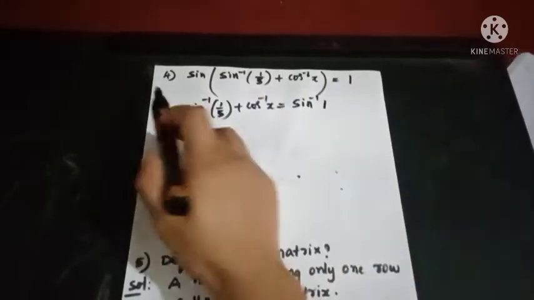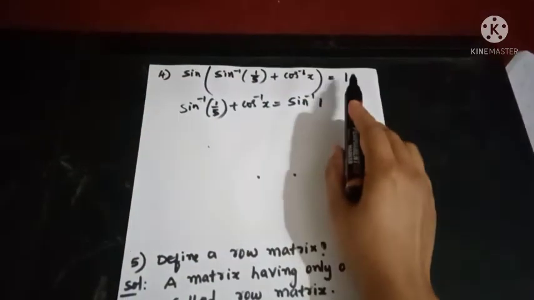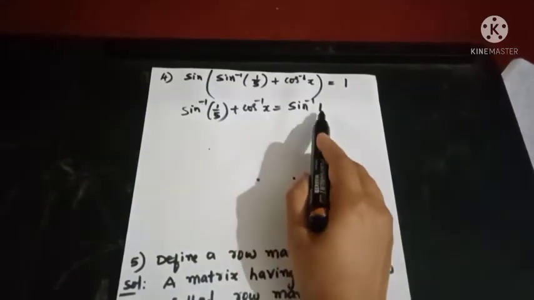If sine goes to the RHS, it becomes sine inverse, so the RHS is sine inverse of 1.